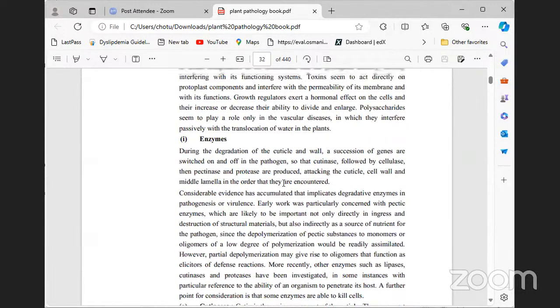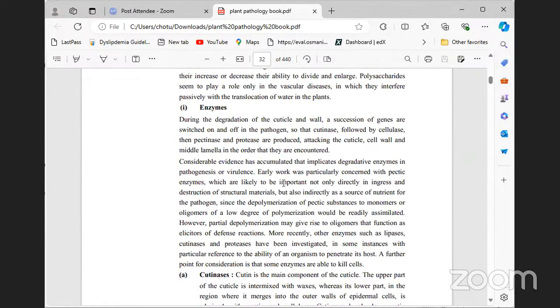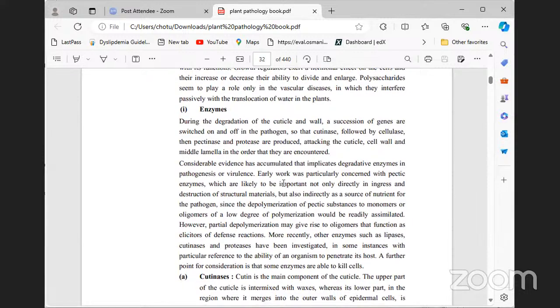What enzymes are involved? During the degradation of the cuticle and cell wall, a succession of genes are switched on or off in the pathogen, so that cutinase is followed by cellulase, pectinase, and protease.